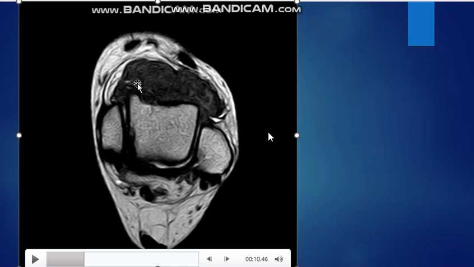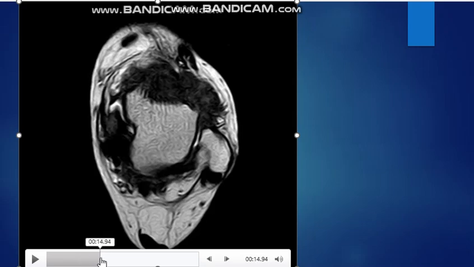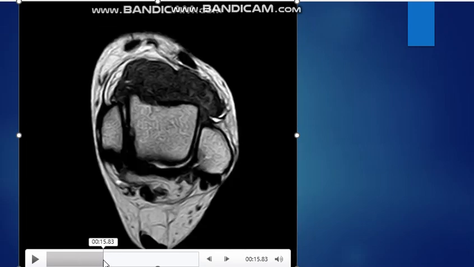and low signal on the T2 weighted sequences. Here's the low signal on the T2 weighted sequences, and here's the mass seen anterior to the tibio-talar joint.